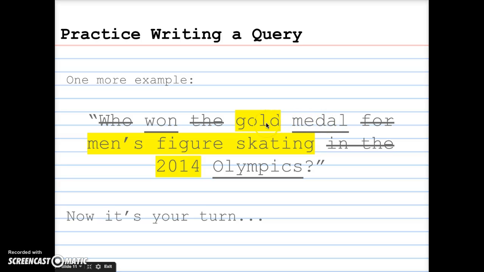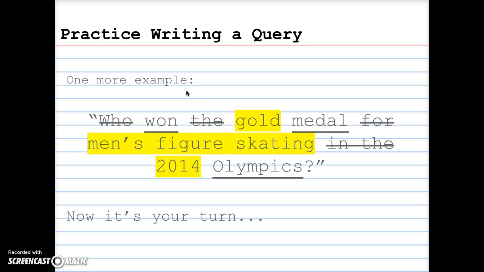If we're talking about gold and figure skating 2014, we probably don't need to include the word Olympics because the search will already be conducting looking for gold medals which are earned in an Olympics. We can then underline won and medal along with Olympics for those words that could potentially replace any key concept words.